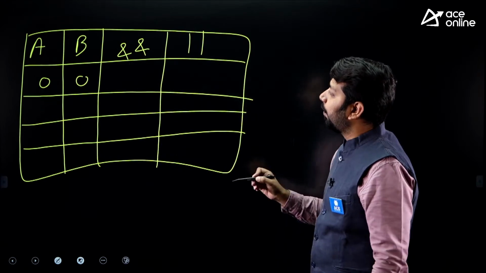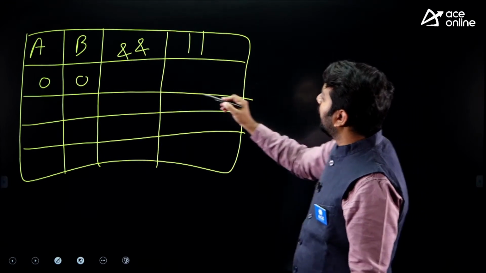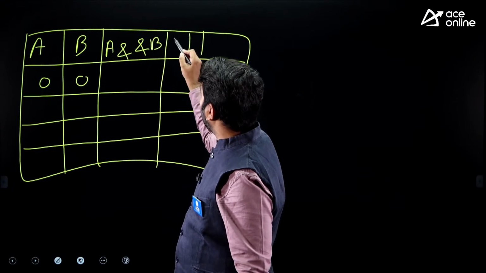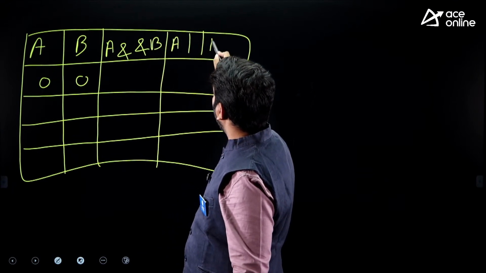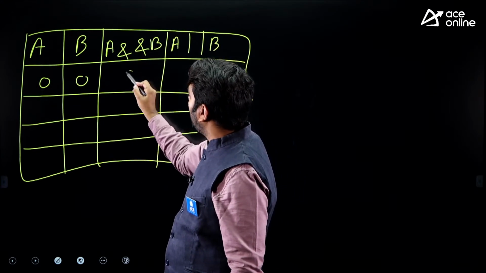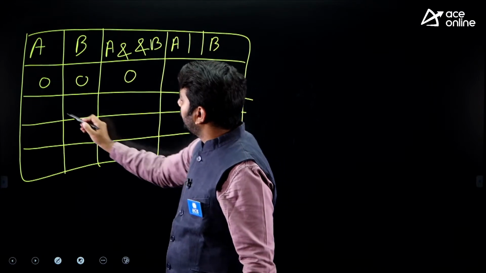Now you might be thinking, sir, what is AND? It is nothing but A and B, and it is A or B. So 0, 0, the answer is 0, the answer is 0.